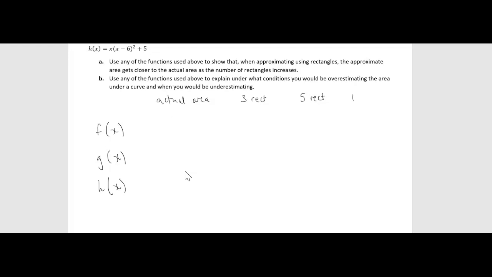Is that too many? We'll do 10. Now, the width does matter. Actually, I might change those numbers of rectangles soon. We'll just see. Okay, so I've got an actual area, then I've got 3 rectangles, 5 rectangles, 10 rectangles.